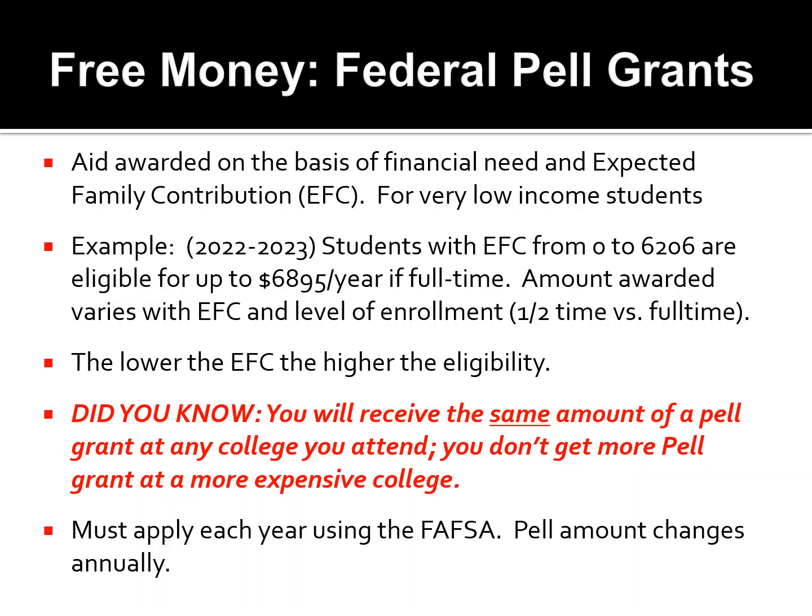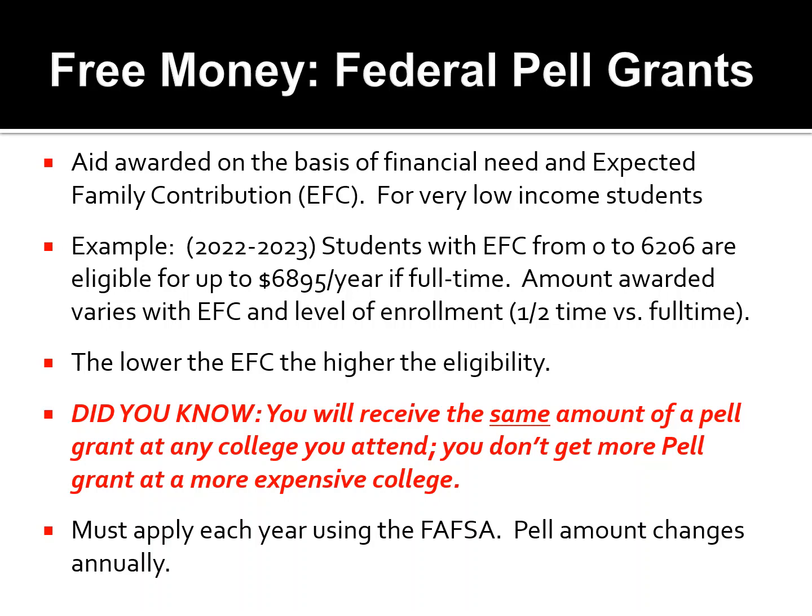One thing to note is that the amount awarded does vary with the amount of EFC, as well as the number of units a student is taking. So for example, the lower the EFC, the higher the eligibility. If a family has an EFC of 0, they're more likely to receive more Pell Grant.